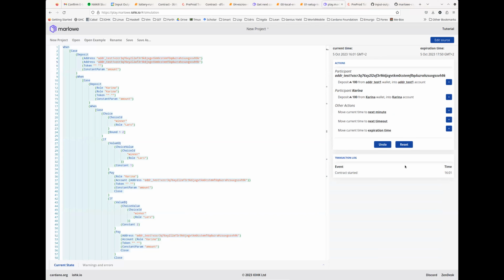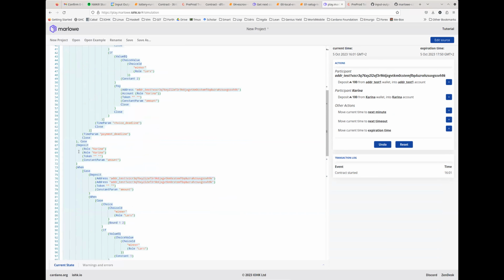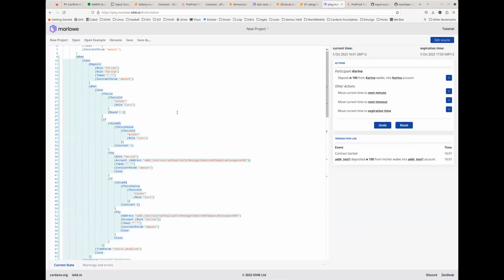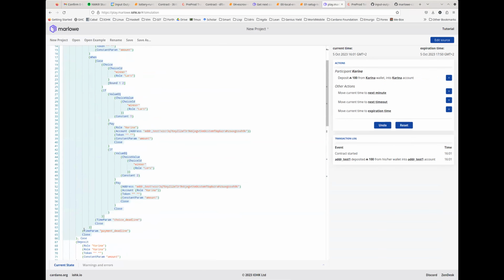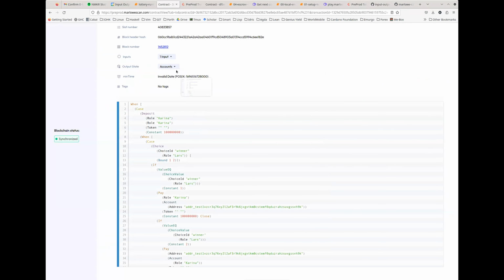This was the original contract where there were two possible actions. Robertino could deposit or Karina could deposit. But now Robertino did deposit, and the contract has reduced to this highlighted part here. And this is also what we now see on the blockchain.